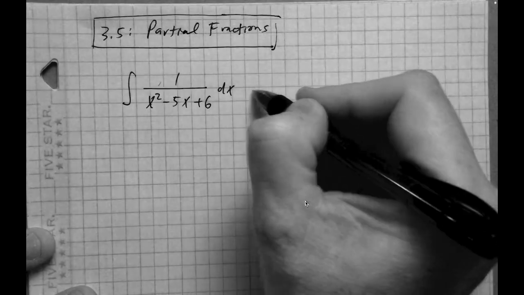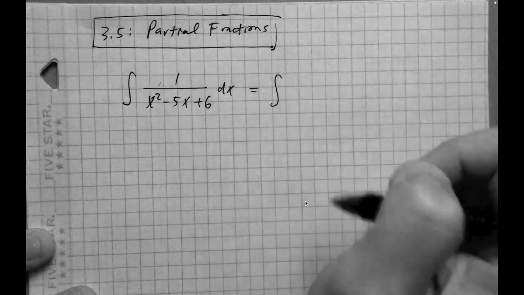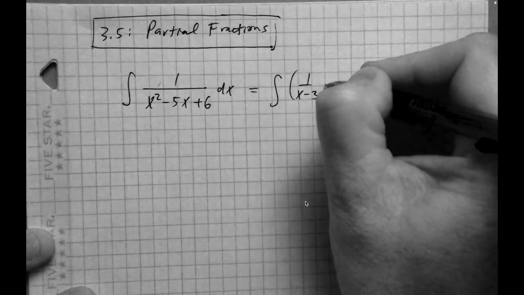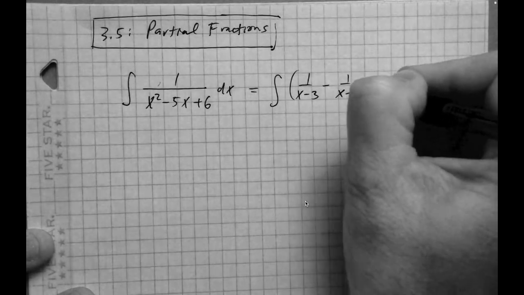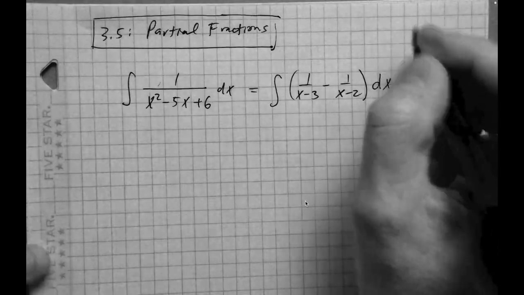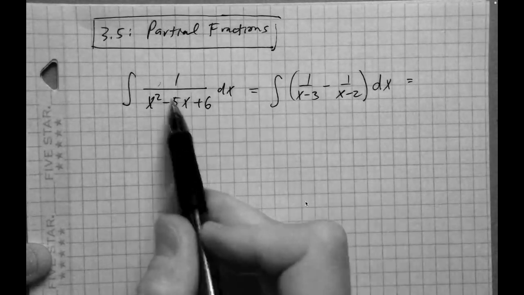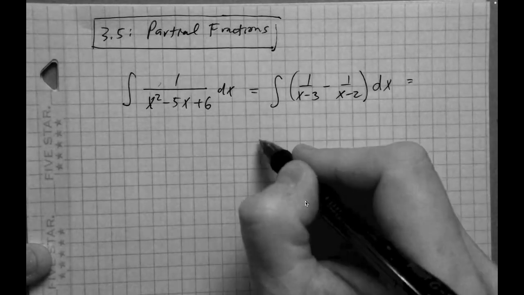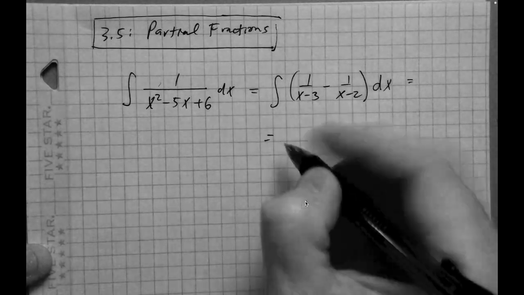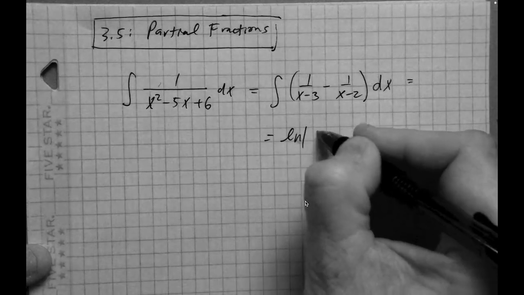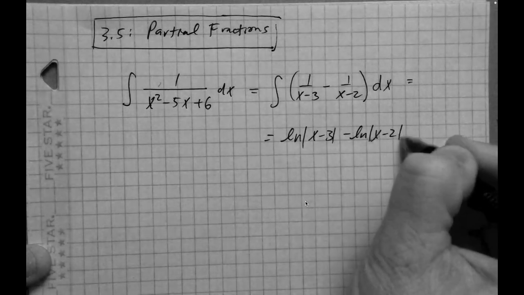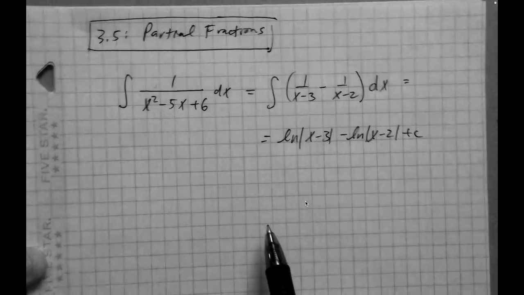And to convert it into something that looks like this. Because this over here is not obvious, like what this integral really is. But this over here can be accomplished really quickly. This is the natural log of x minus 3 minus the natural log of x minus 2 plus c, right? So this can be done really quickly.